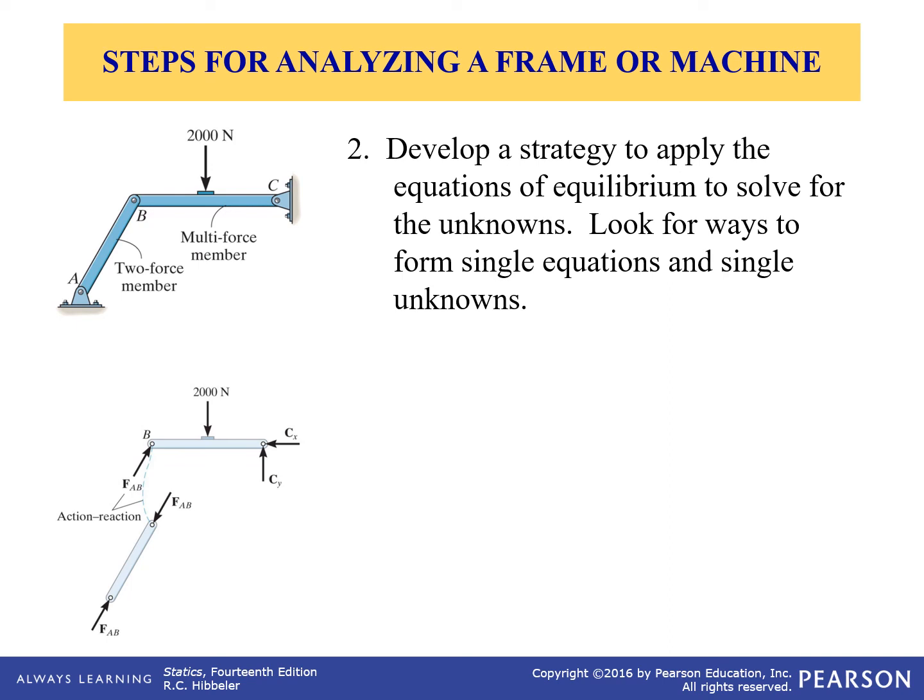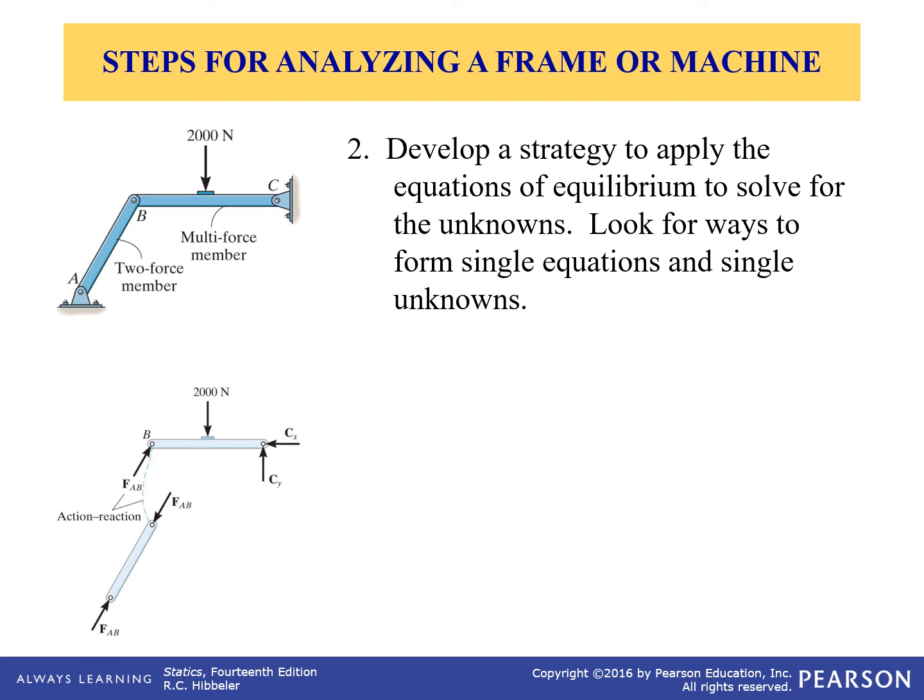But if you notice, if I took a moment at point C, both C forces would fall out of the equation, and I'd have the 2,000 newtons, and I'd have FAB. Both of those would contribute to the moment at point C, but the C forces wouldn't. I would be able to use that information to solve for FAB.